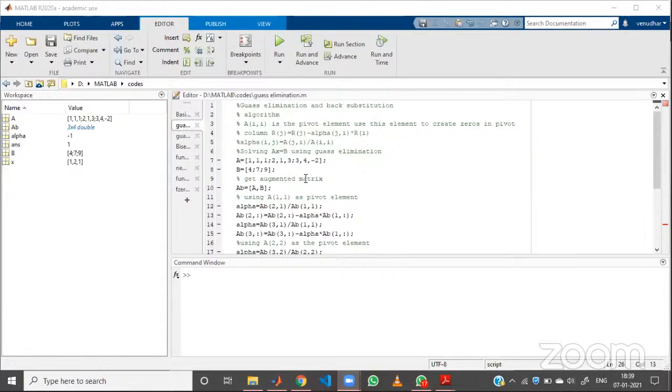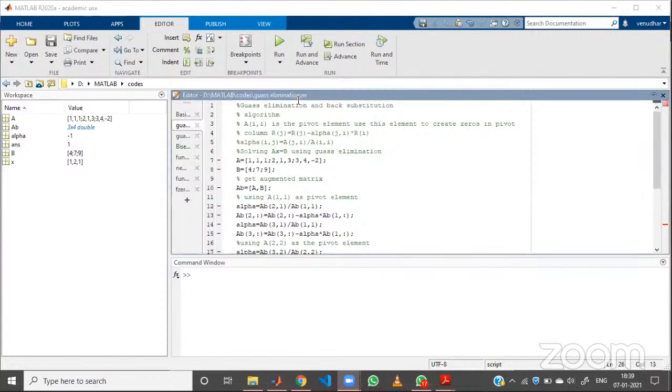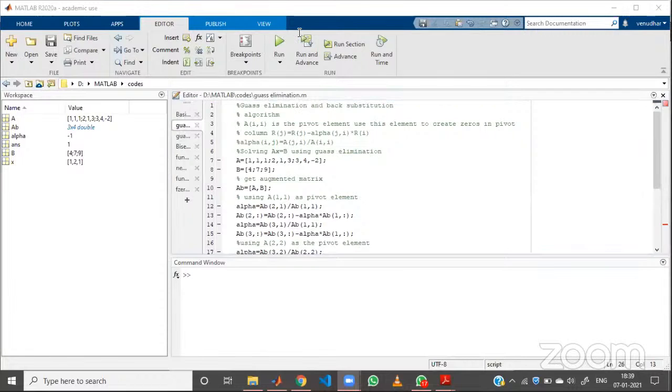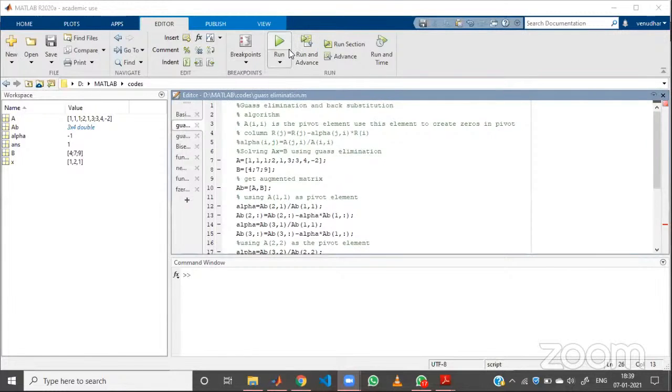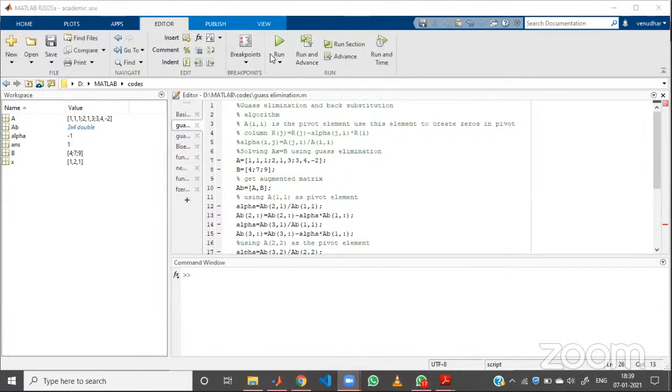I don't know how to write code for that. Okay, yes, that is right. We have to make it a diagonally dominant matrix. Initially we will change the rows, right? Accordingly we will make the A matrix and B matrix. We have to first make sure that it must be a diagonally dominant matrix.